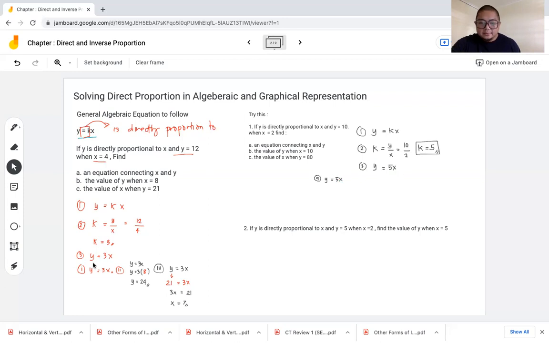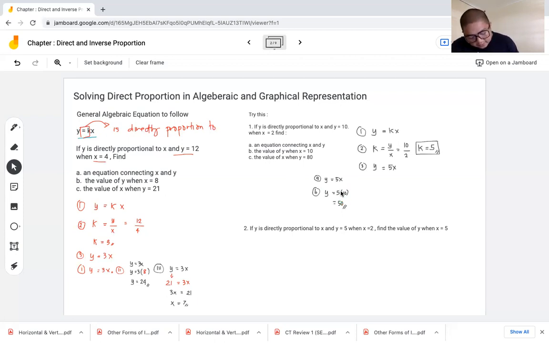All right. For letter B, the same procedure as what we did here, we're going to be using this equation for us to get the value of y. And notice that I will just change the value of the x automatically into 10. And in this way, I will get the answer for the y as equivalent to 50. Okay.